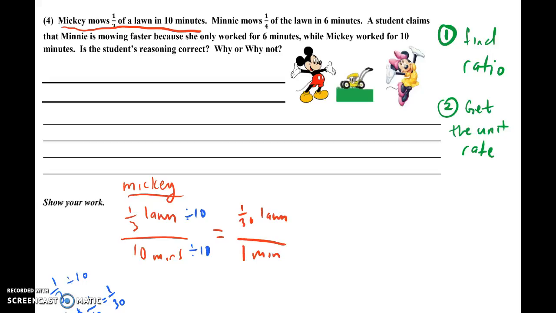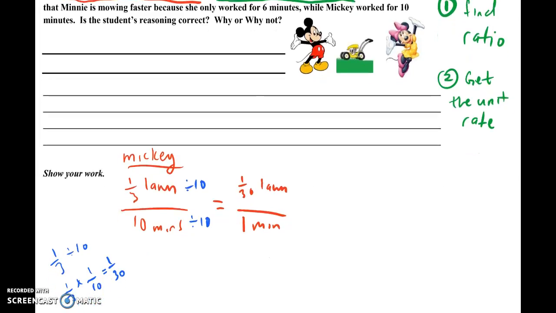So going back to the 2 steps, 1, find the ratio. Well, Minnie mows 1/4 of a lawn in 6 minutes. So Minnie, 1/4 of a lawn in 6 minutes. Step 2, get the unit rate.